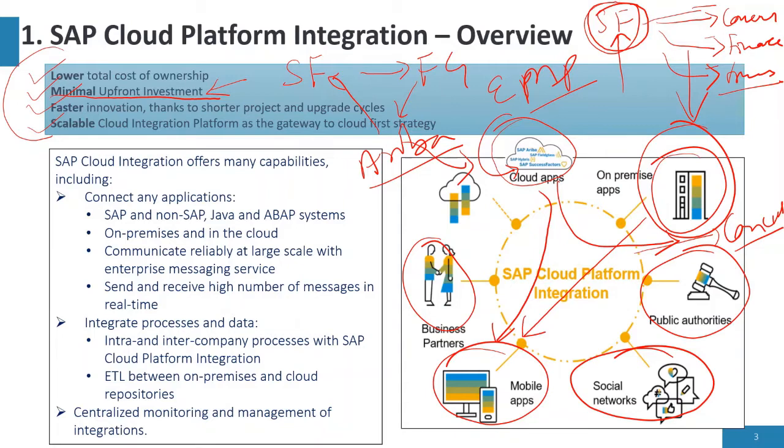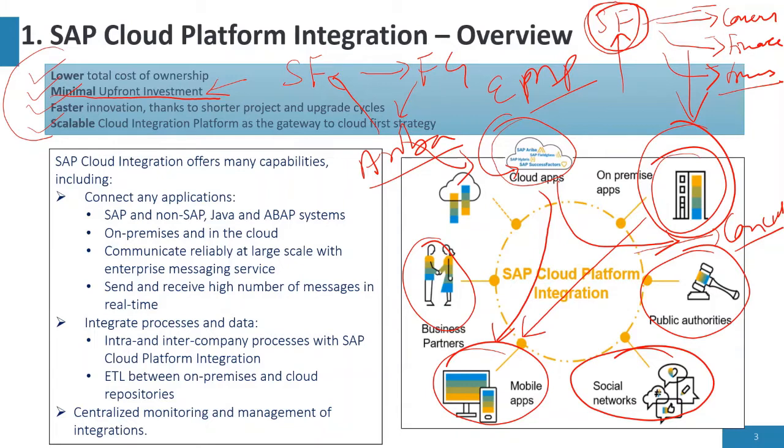So when you go with cloud platform integration, it is very easy to discuss with SAP and get that additional memory, additional hardware added to your CPI cloud platform, and with very little problem, you will be able to get more hardware, more processing power, more memory added in your cloud platform integration.